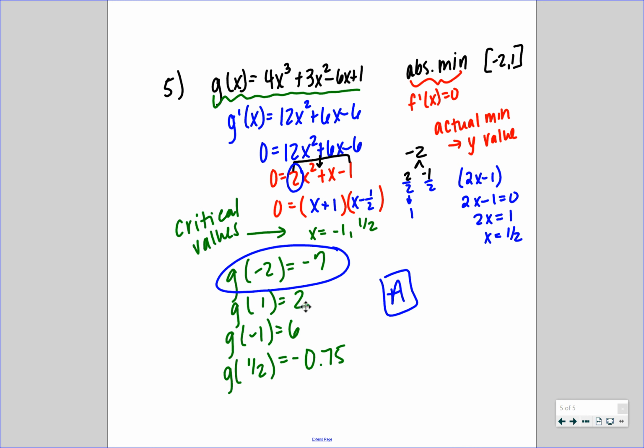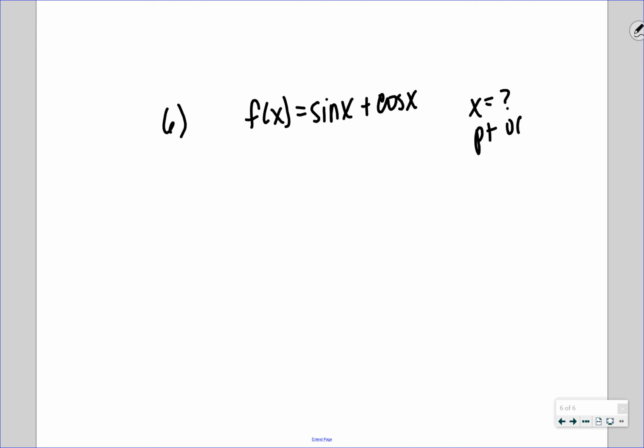Next page. Number 6, trig. The function f is defined by sine x plus cosine x between 0 and 2 pi. X coordinate, x equals question mark for the point of inflection when it goes from down to up.